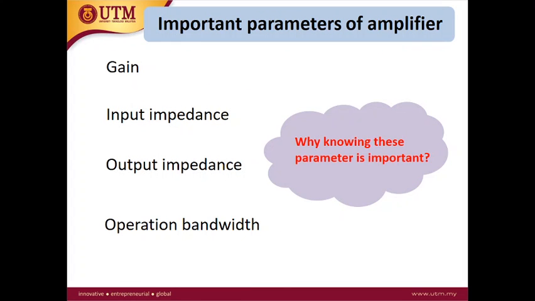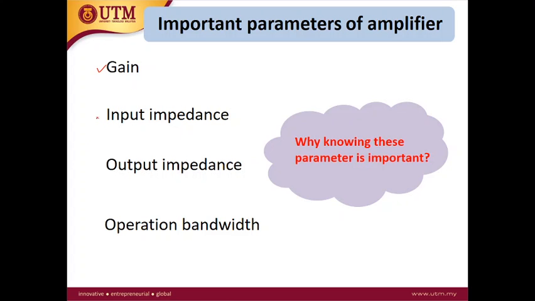Okay, when we talk about the general model of amplifier, there are several parameters that you need to consider. The first one, since this is an amplifier, we need to consider the gain: how much the output will become bigger, or how much the output is enlarged with respect to the input signal.